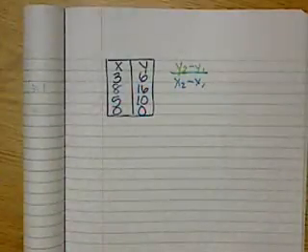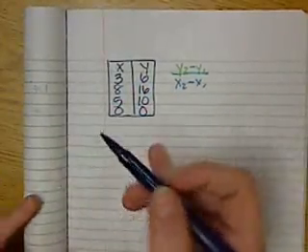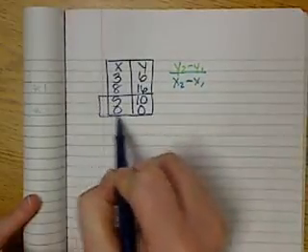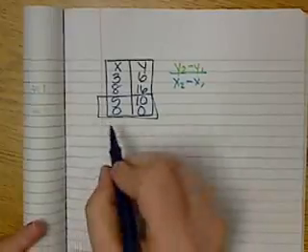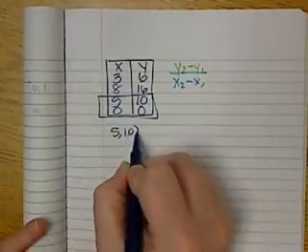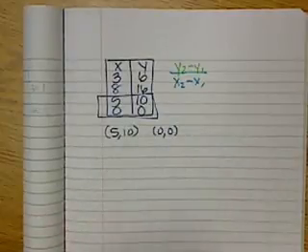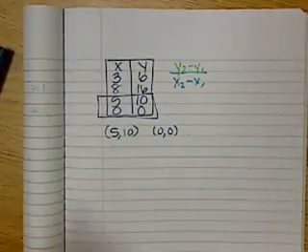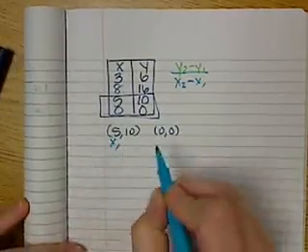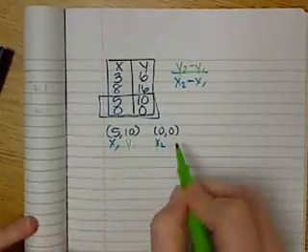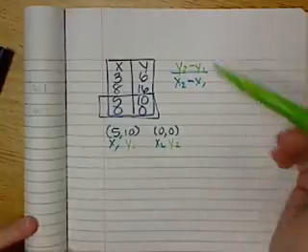I'll pick, I guess, sorry about the bell. I'll just pick these bottom 2. I'm going to rewrite them, so 5, 10, and 0, 0. So I've got x1, x2, y1, and y2. And I'm just going to match everything up.